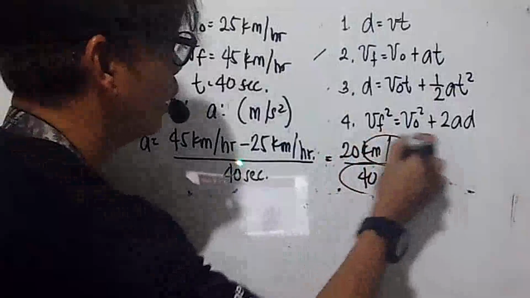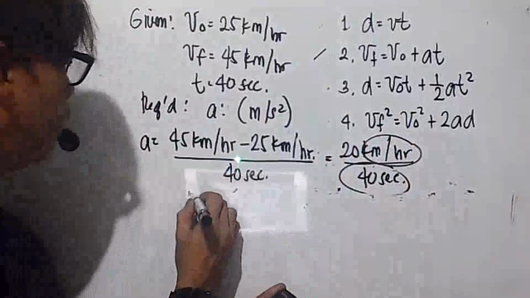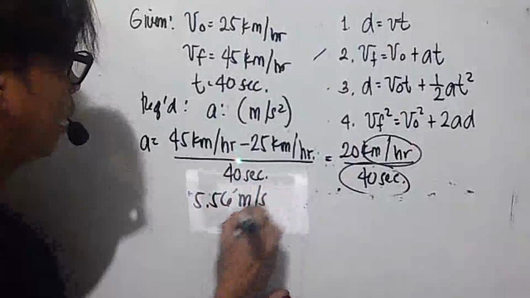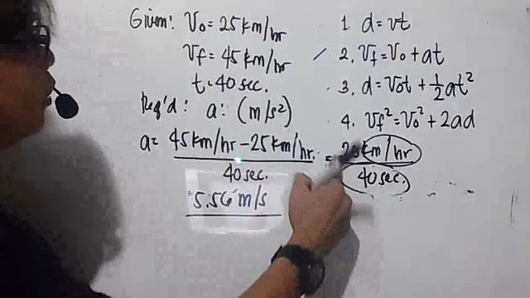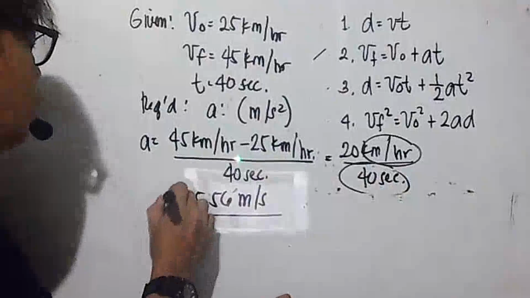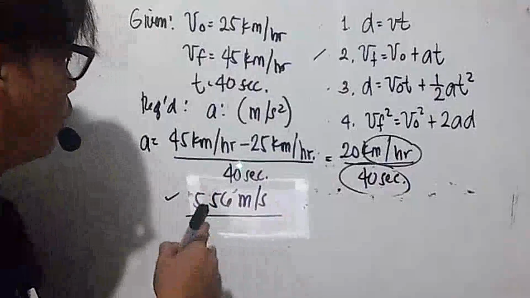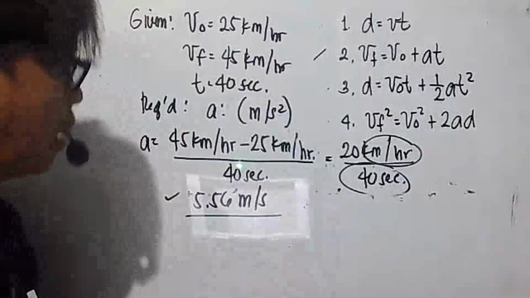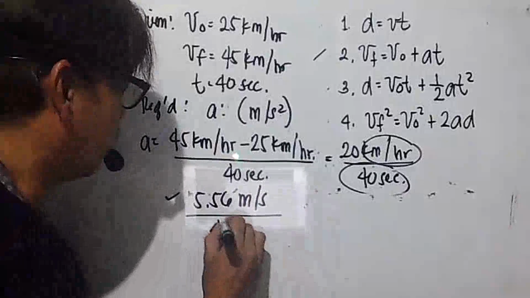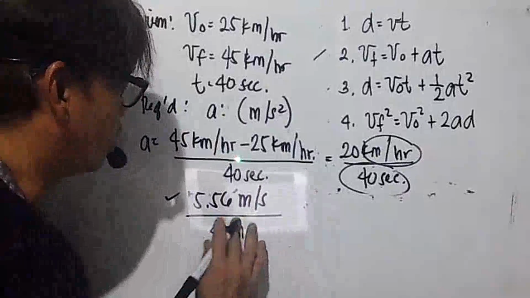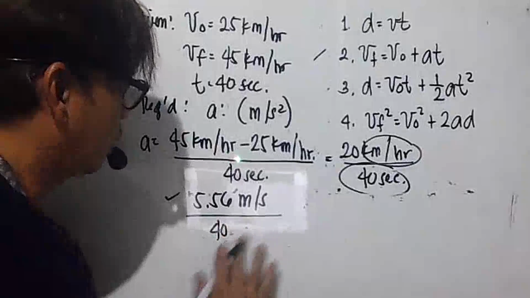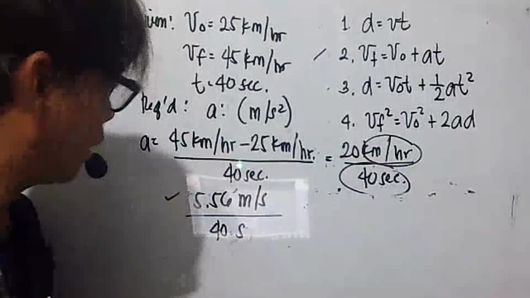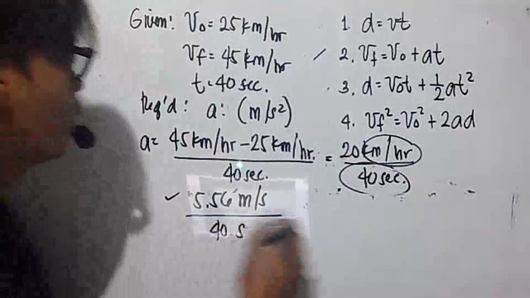We converted this value, and it became 5.56 meters per second. So 20 kilometers per hour, we converted to 5.56 meters per second, divided by 40 seconds to get the average acceleration. So again, it's meters per second squared. So that's your acceleration.